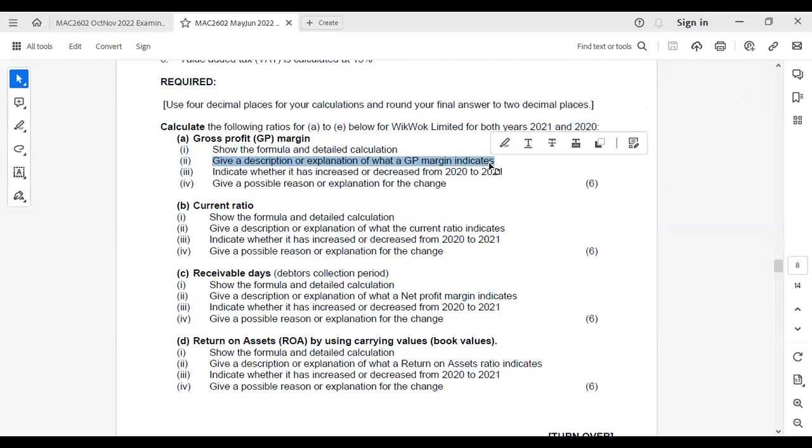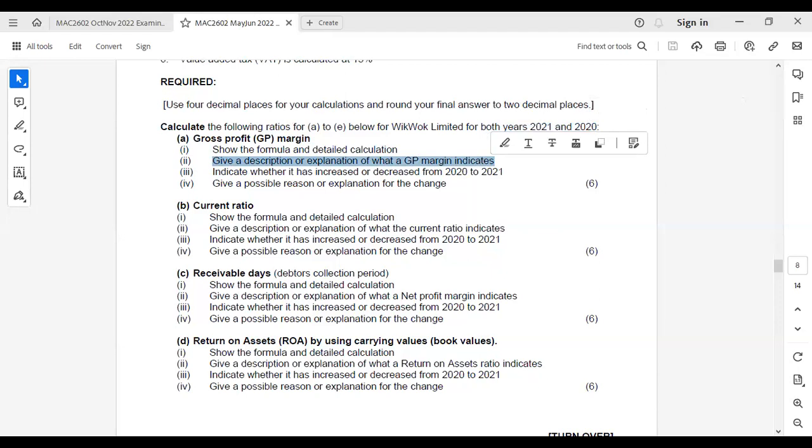Then indicate whether it has increased or decreased, and give a possible reason for the change.